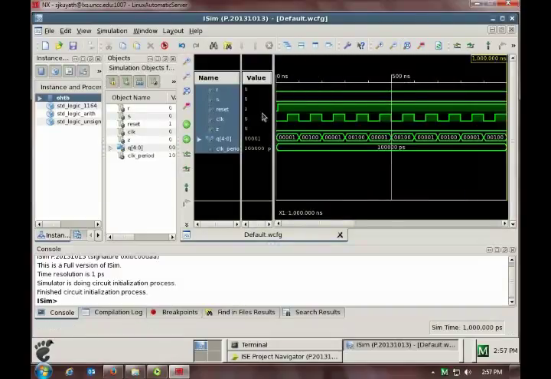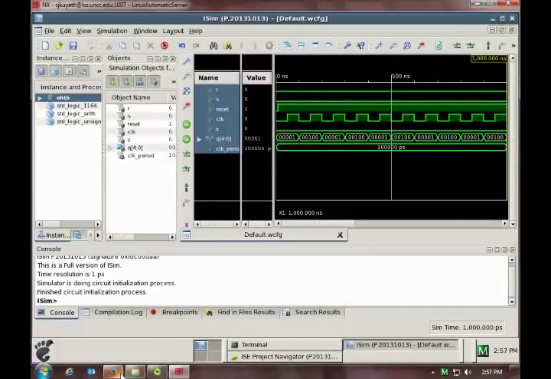Okay, now it sees that reset low for a little bit of time. It goes high and it stays high. So it's still doing the same thing it was doing before. It's going from state A to state C to A to C, A to C, and so on.